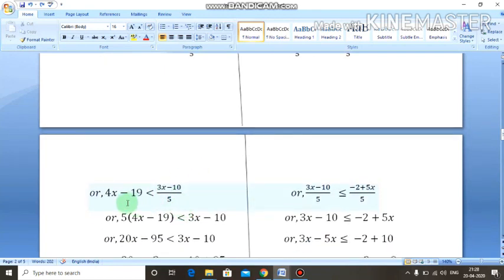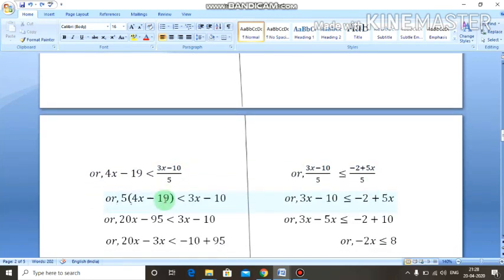Again, to make it simple, we have to multiply both sides by 5. Since 5 is a positive number, and we have multiplied by a positive number, the inequality sign stays as it was. In the case of multiplication or division, if we multiply or divide by a negative number, then the inequation sign will be changed. I am repeating again and again, and you have to keep this in your mind.